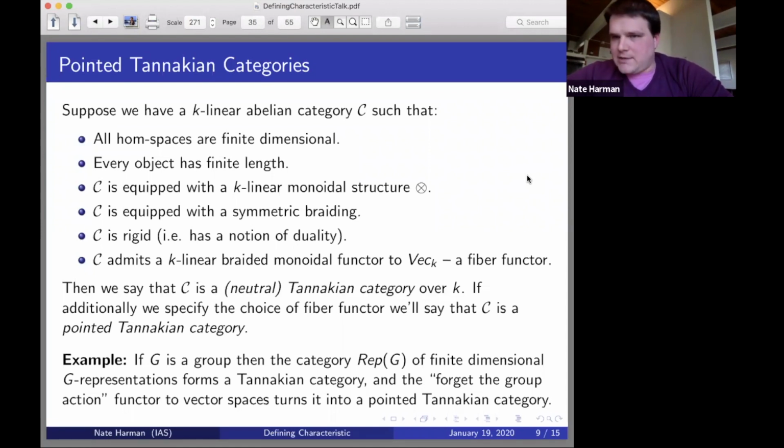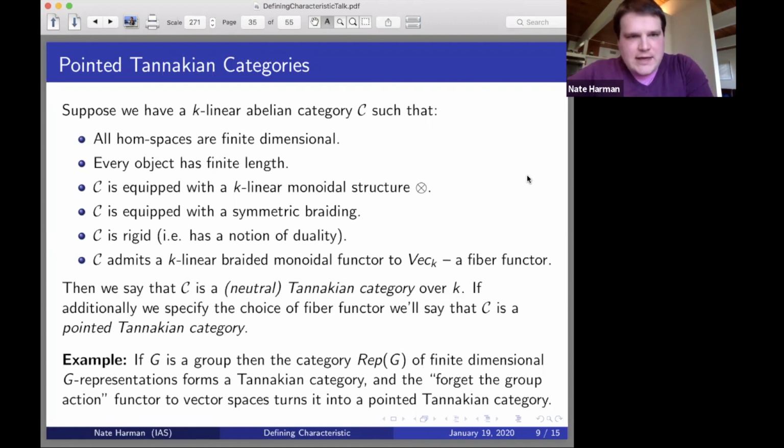Again, that's a finite dimensional property, that the dual representation of a finite dimensional representation satisfies the right conditions. And it has a natural fiber functor to vector spaces, which is just the forget-the-group-action functor. So for any group, the category of finite dimensional representations is a Tanakian category, and that's the prototypical example of what a pointed Tanakian category is.